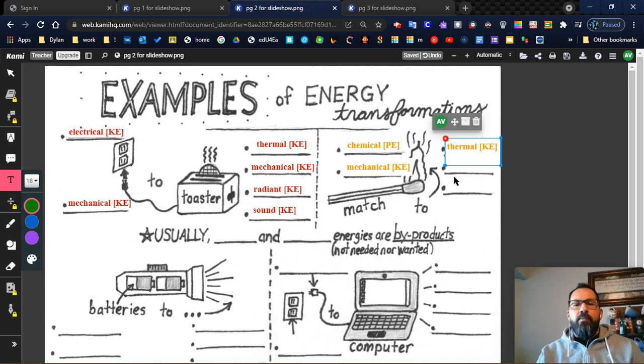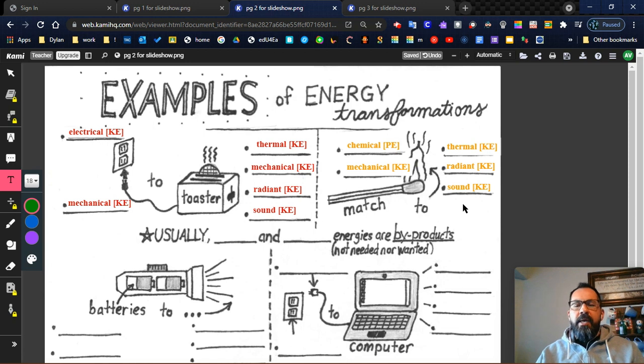Now, I know that sometimes, when people light a match, they're trying to light up a room. So the second reason might be for the radiant energy. Radiant energy is another term for light in science. Now, there's a third one that sometimes people don't think about, but when the match is burning, you can usually hear the crackling sound of the fire burning.